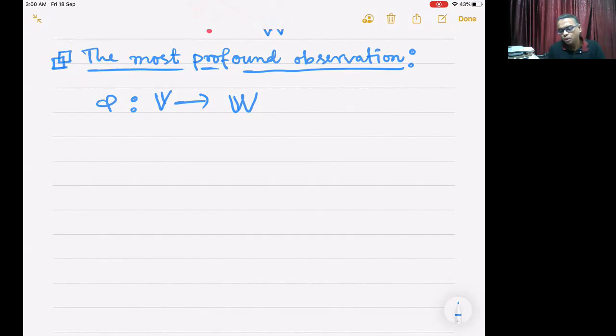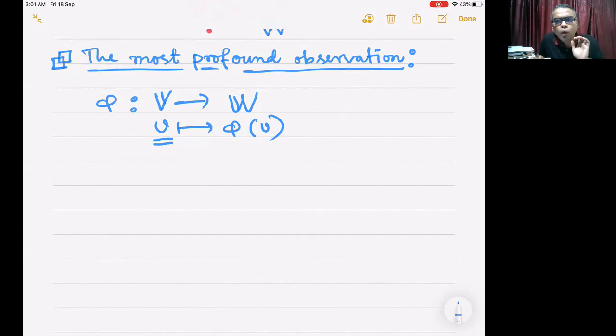So in this case also, when I define a map from one vector space to another, I must actually specify to what vector this vector V is being mapped. That's what common sense suggests.